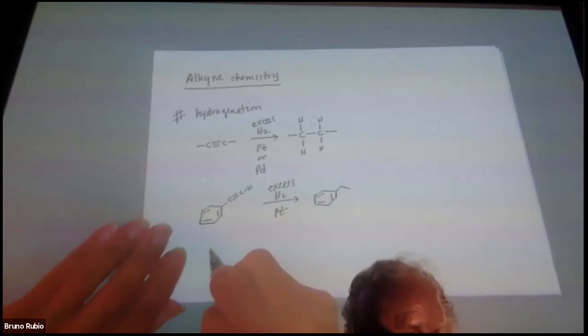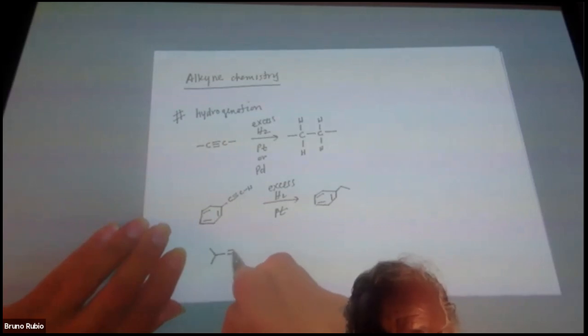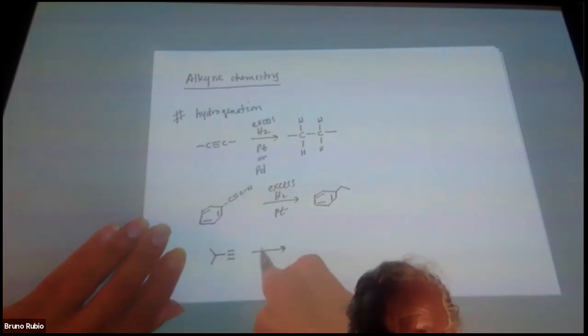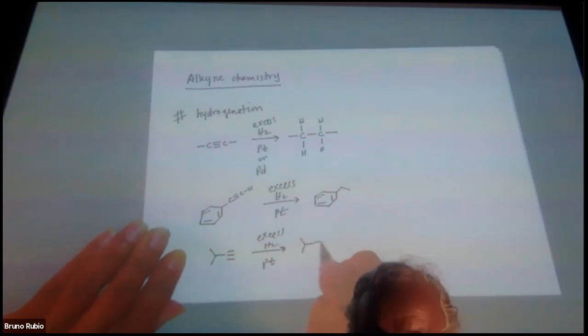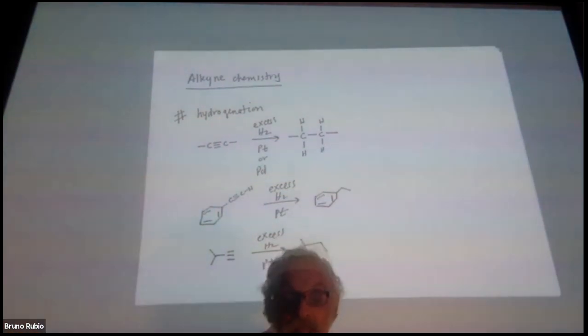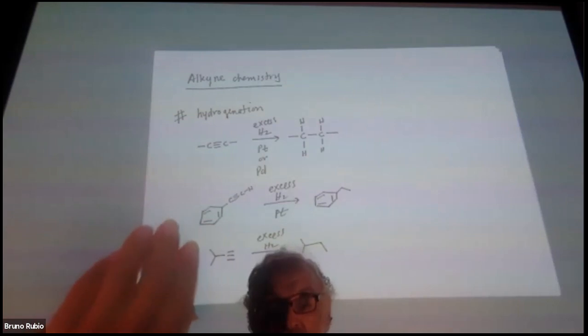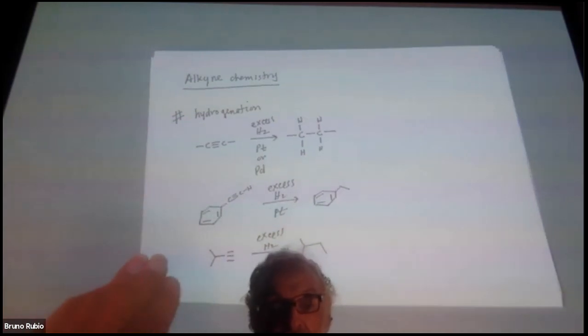Another example would be maybe this guy. Excess hydrogen and a platinum or palladium catalyst. We would get this alkane, where that carbon-carbon triple bond has been reduced to a carbon-carbon single bond. So this is hydrogenation of the alkyne.